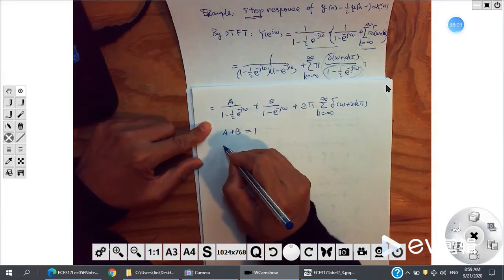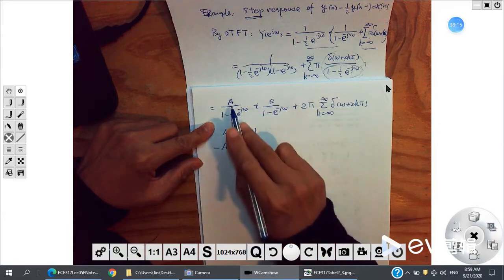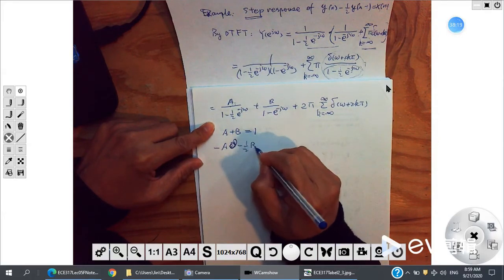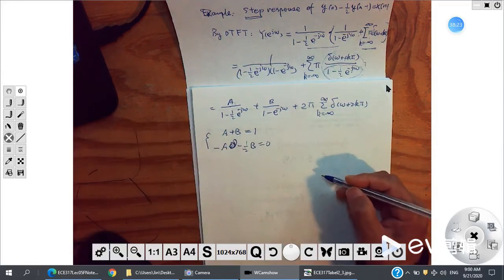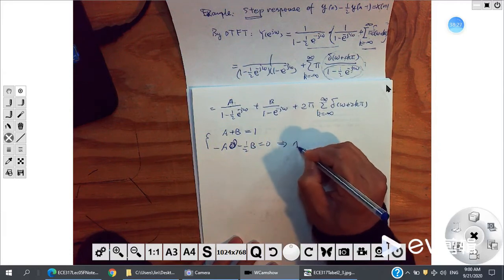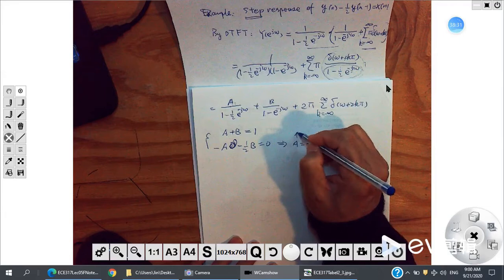Okay, so this will be negative a e to negative j, just a, I just put the coefficient will be fine. A times this, negative 1, and minus half times b, and the exponential power should be 0. So we have these two. This one gave us a equal to negative b over 2, and then we put this together.